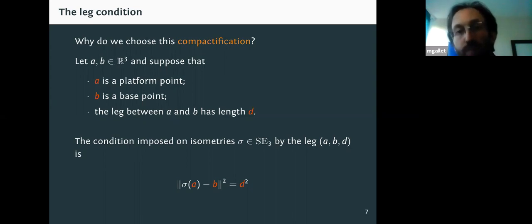So on the space of possible configurations, we impose that an isometry sigma is compatible with the leg if the distance between B and the point that is obtained from A once you apply sigma stays D, because this means that the isometry does not change the length of the leg, which is what we want.